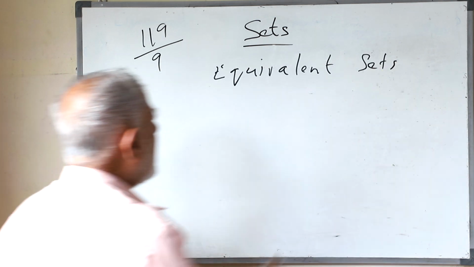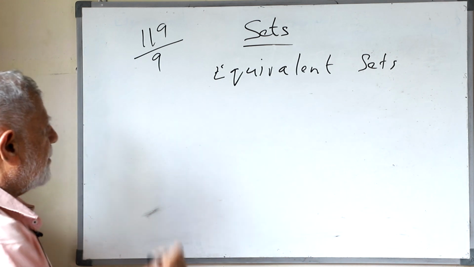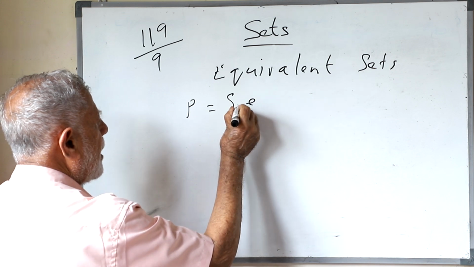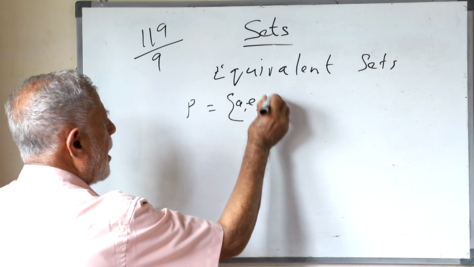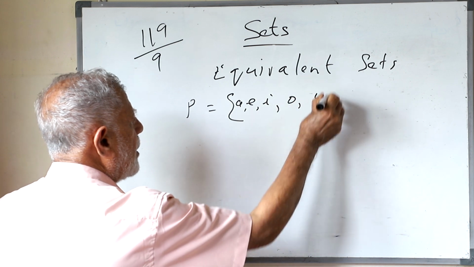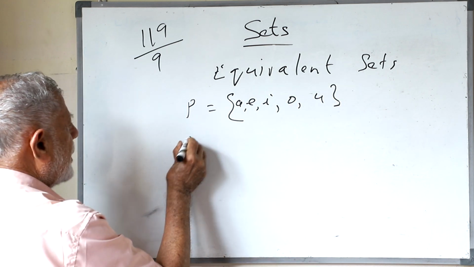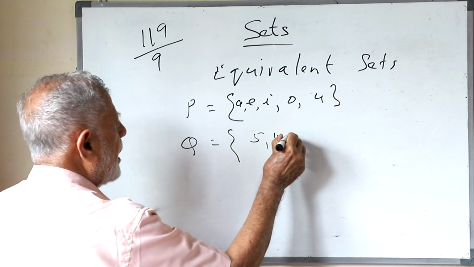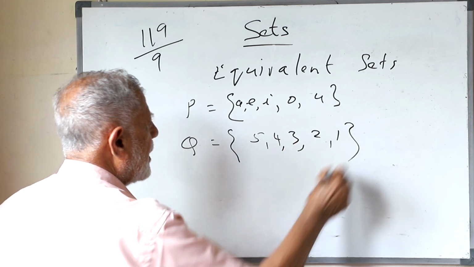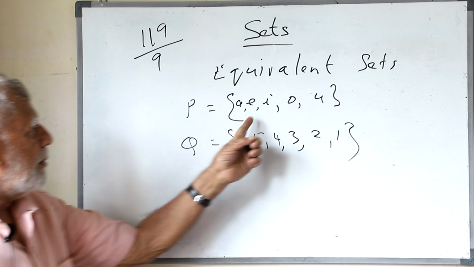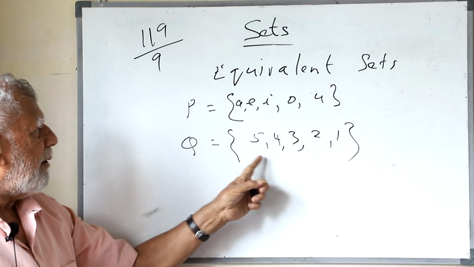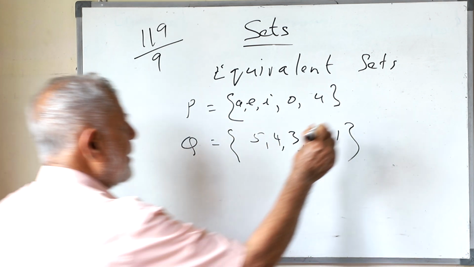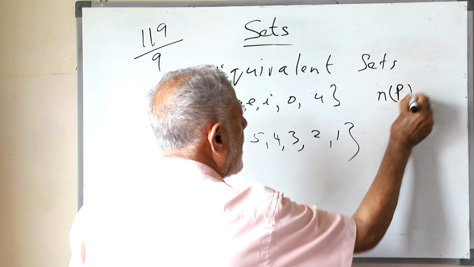Look at the next one, equivalent sets. Look at this set: P is equal to A, E, I, O, U. Q is equal to 5, 4, 3, 2, 1. So these are two sets. Now how many elements are here? n(P) is equal to 5.